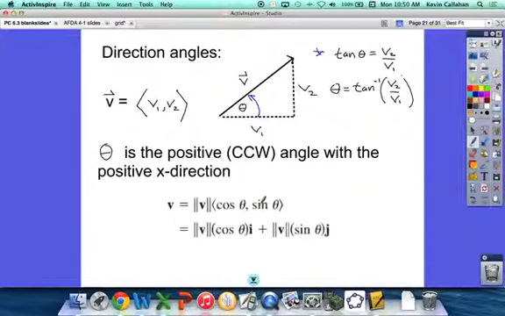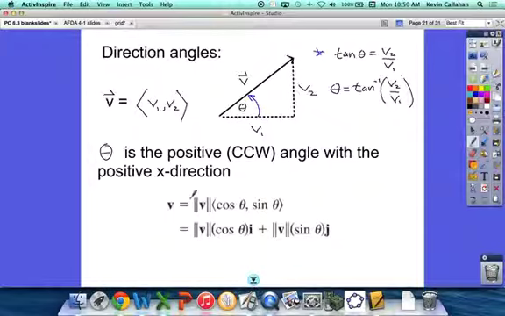Now, if I didn't have a magnitude on the outside, then for the cosine theta, sine theta, what is the magnitude of that? What is the square root of cosine squared plus sine squared? It's 1, right? So what it means is that this has a magnitude of 1. The entire magnitude of the vector is represented by this, which is outside the angle brackets.